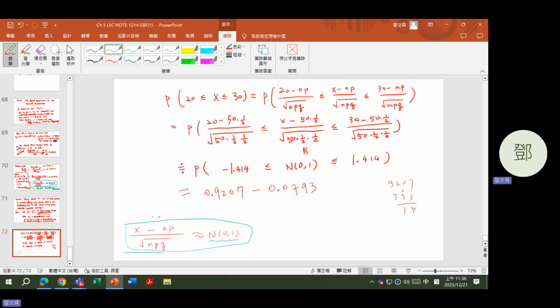Four and one, and four and eight. So it is 0.0793, right?